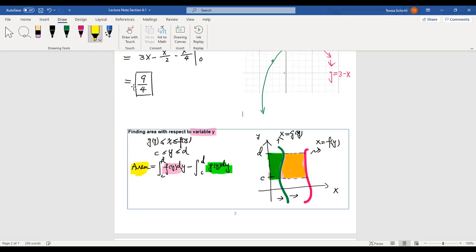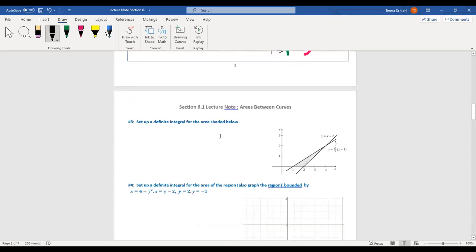This yellow region. Since they have the same integration boundary, you can just say the integral from c to d of f of y dy minus g of y dy, so I can combine them and say f of y minus g of y dy. It's exactly the same concept as the previous one, you just flip the x-axis to the y-axis.